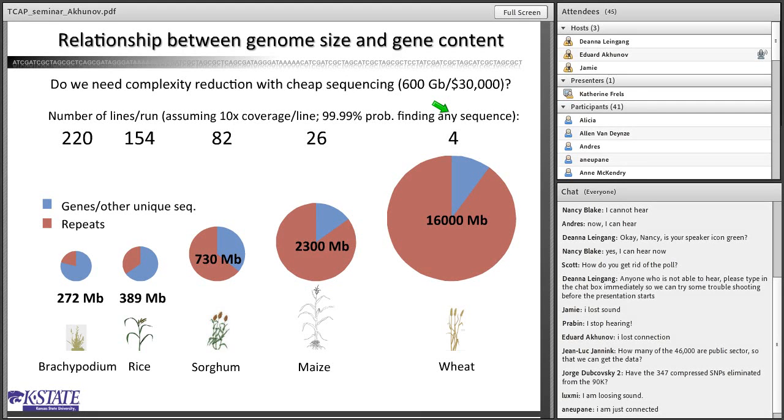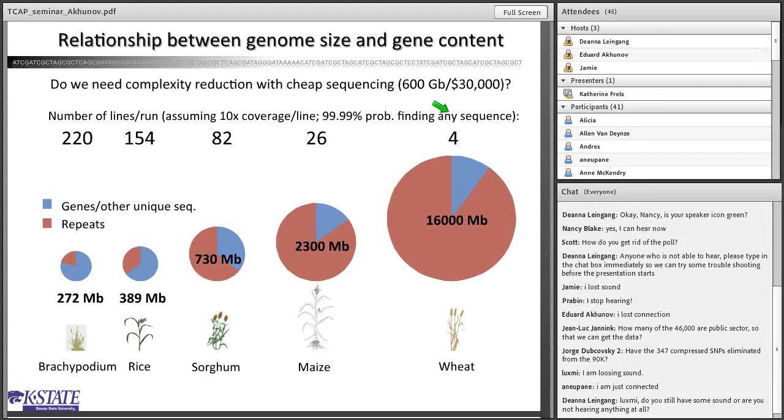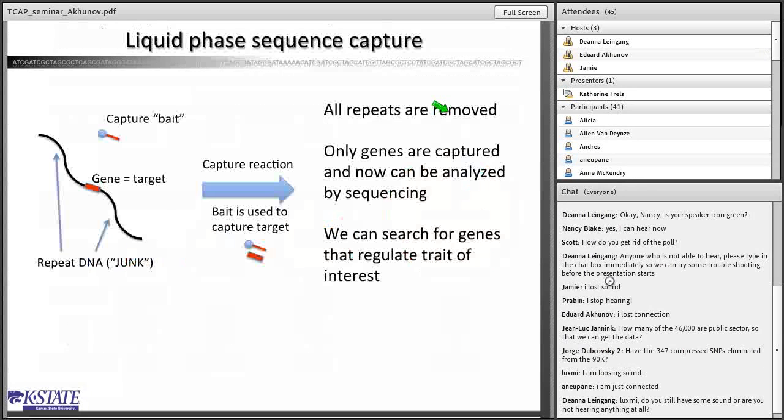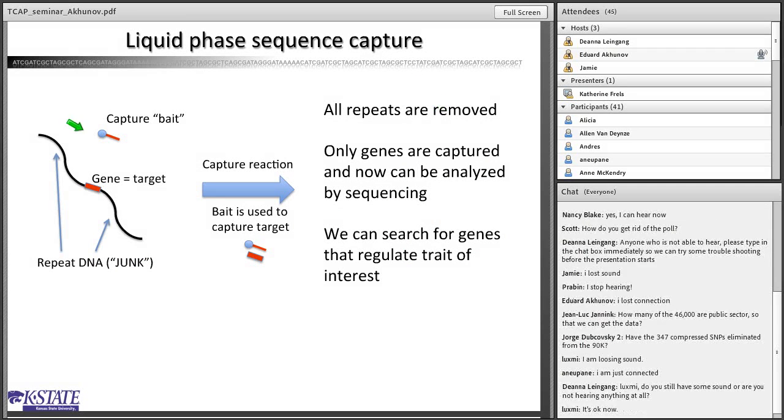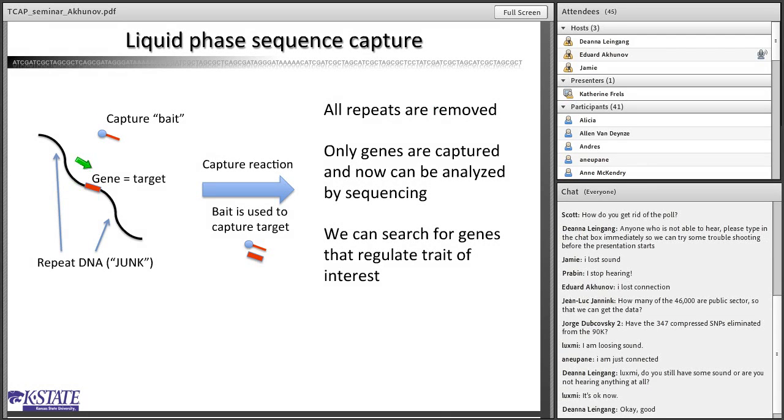So that means we need to come up with some kind of approach which would simplify the complexity of the genome, and then use this complexity-reduced sample for obtaining sequence data. One of the approaches that we started exploring is called the sequence capture approach, where you have a genomic sequence and your target gene, and you design oligonucleotide probes that are complementary to your target sequence.